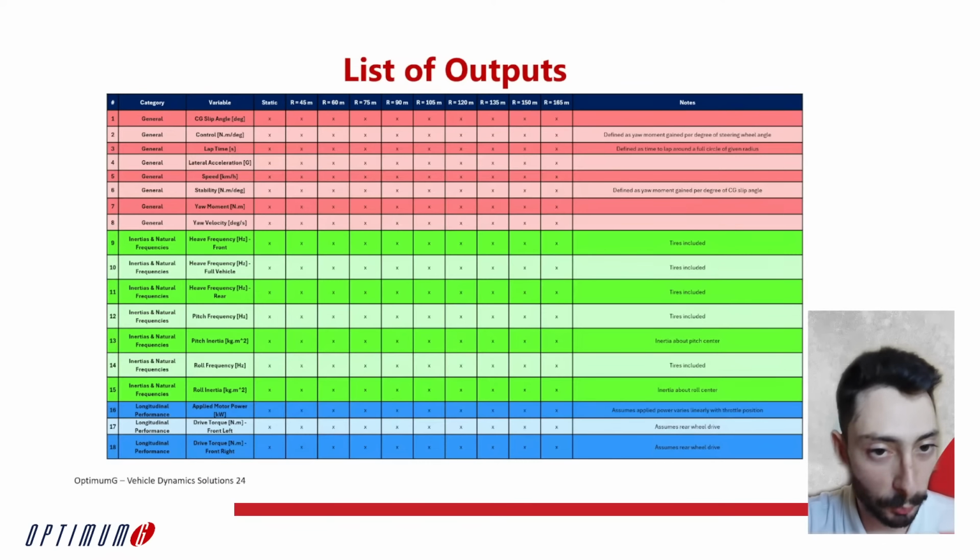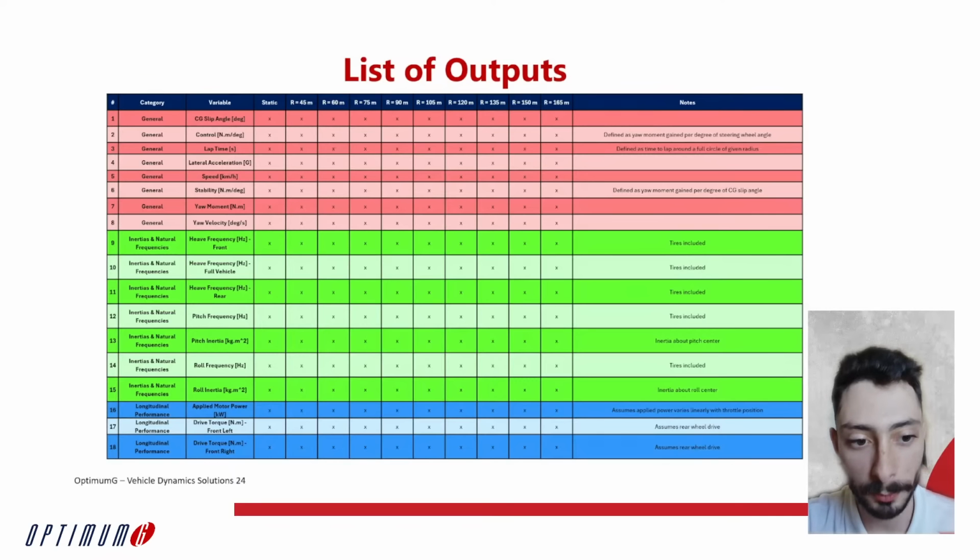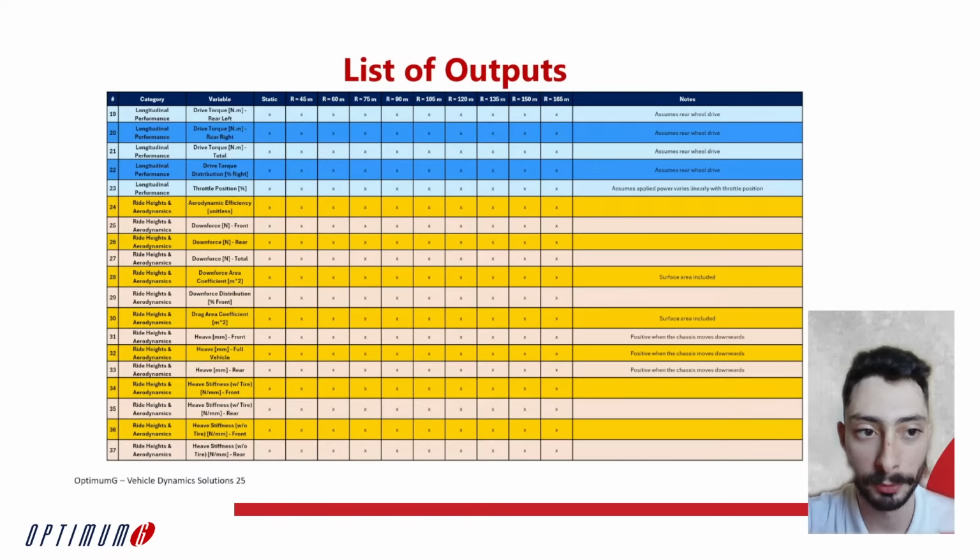There are many more outputs that the software can calculate, and this is the complete list. It relates to several different categories or subsystems. We have outputs related to lateral acceleration, yaw moment, heave frequencies, drive torques on each of the different wheels, and the throttle position.